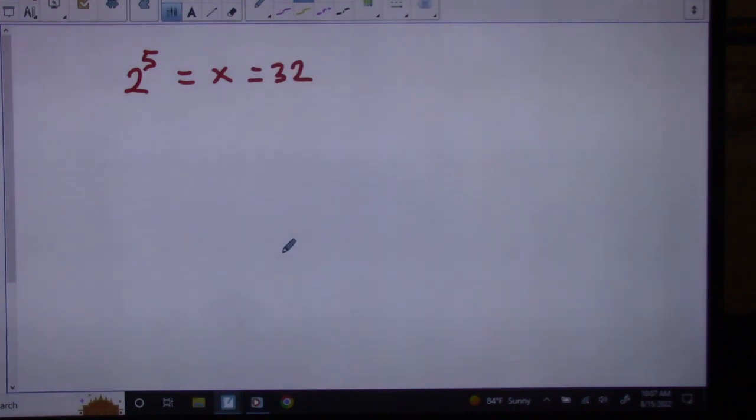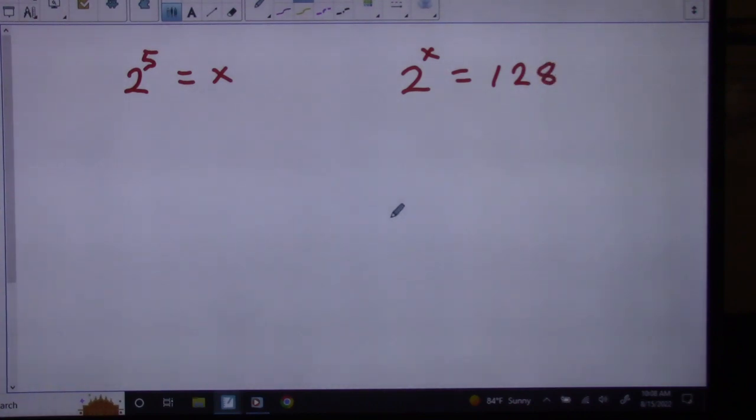So this is a basic exponential equation right here. We can write this in different forms. So 2 to the power of 5 equals 32. Now, let's say 2 to the power of x equals 128.